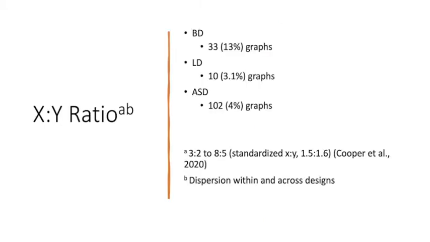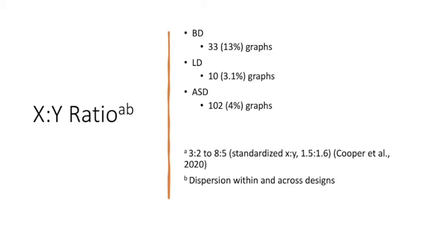First, we did look at the XY ratio just to see if we found similar findings, and ours did align with Kubina and Ledford's findings. From the BD sample, only 33 graphs or 13% were within the recommended XY ratio. For LD, 10 graphs, which was 3%, were within the ratio. And from the autism journals, 102 or 4% were within the ratio.